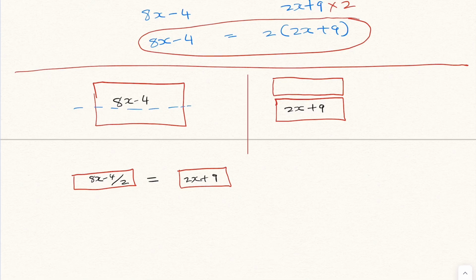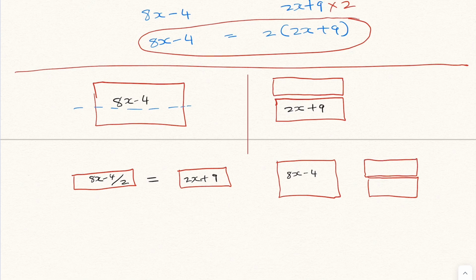And if we choose to go with the other step, just like we've calculated before, we can maintain our big box as 8x minus 4, but we will now have to add another box on top. So here will be 2x plus 9, and here will be 2x plus 9. Now both sides are equal, and we can plug it into an equation.